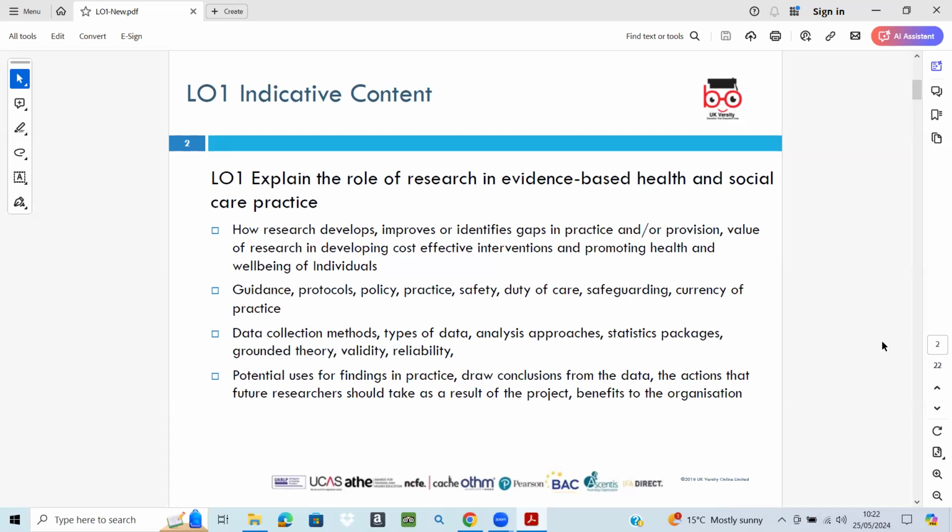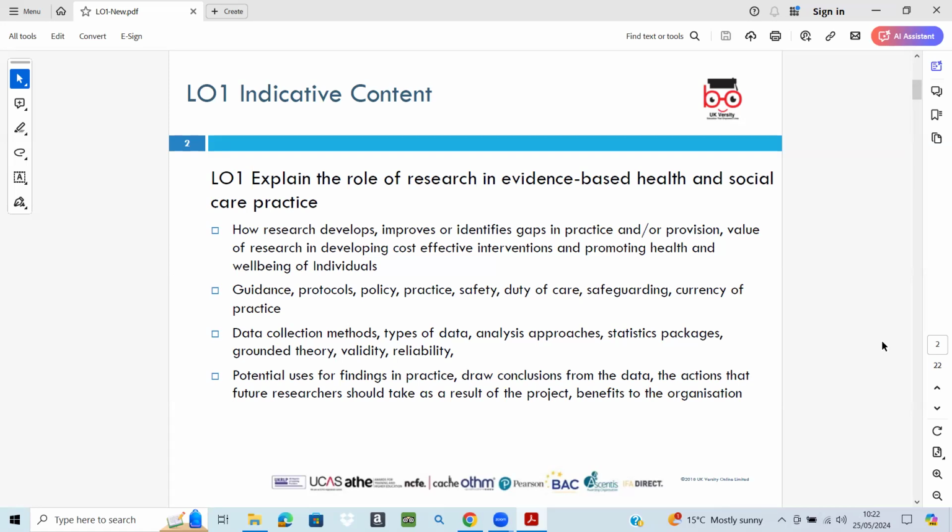Then we have some actionable insights for future researchers. If we discuss recommendations, based on the findings, it means suggesting areas for improvement or further investigation.